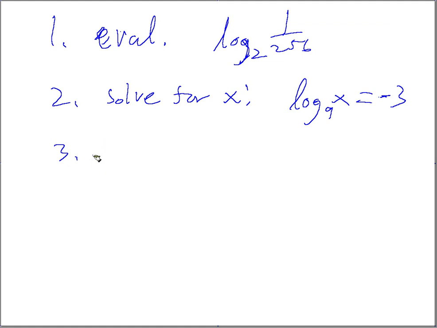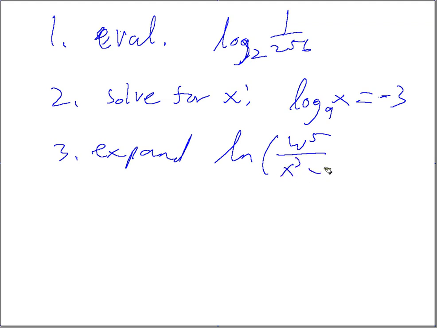Alright, number 3, let's expand this logarithm. Expand ln of w to the 5th over x cubed y to the 8th. Alright, expand that into multiple logarithms and post the answers into Blackboard for these three questions here. Okay, so until next time then.